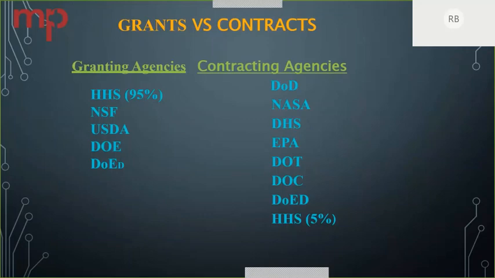HHS does 5% of their work in contracts, and that's the purchase of anthrax, or if you find something for COVID-19, they're almost certain to buy something from the developers of the COVID-19 vaccine.